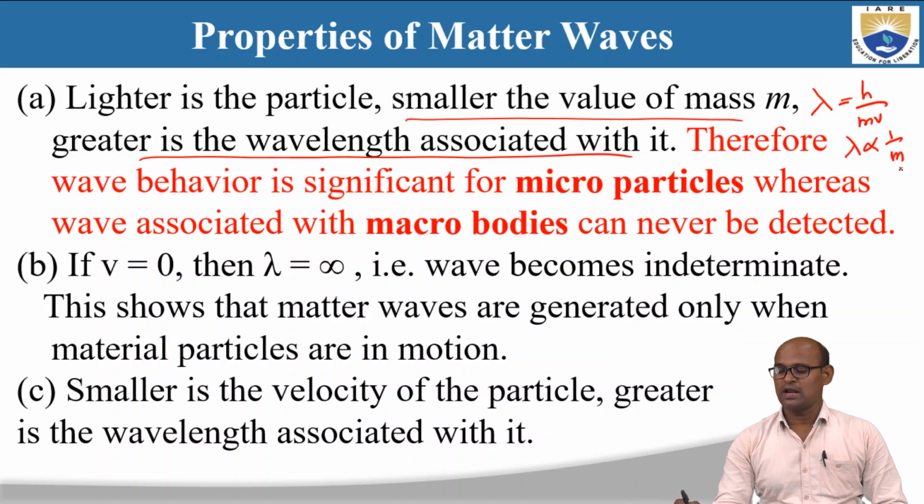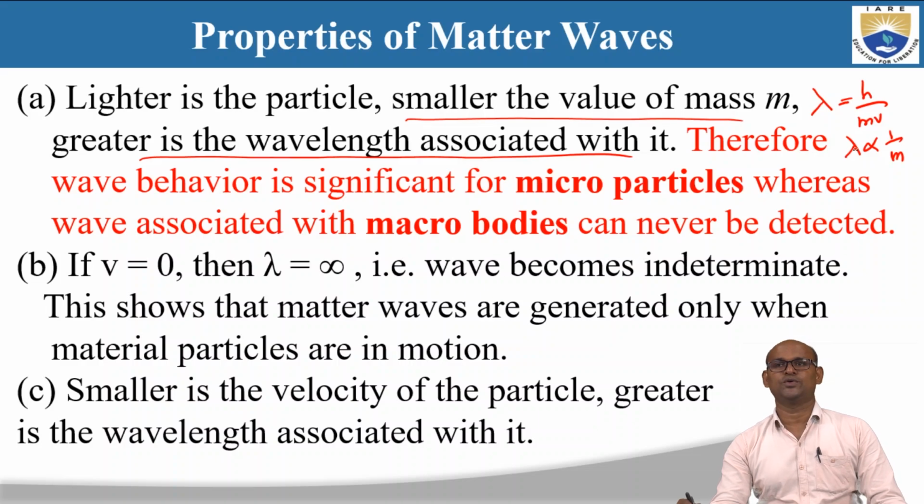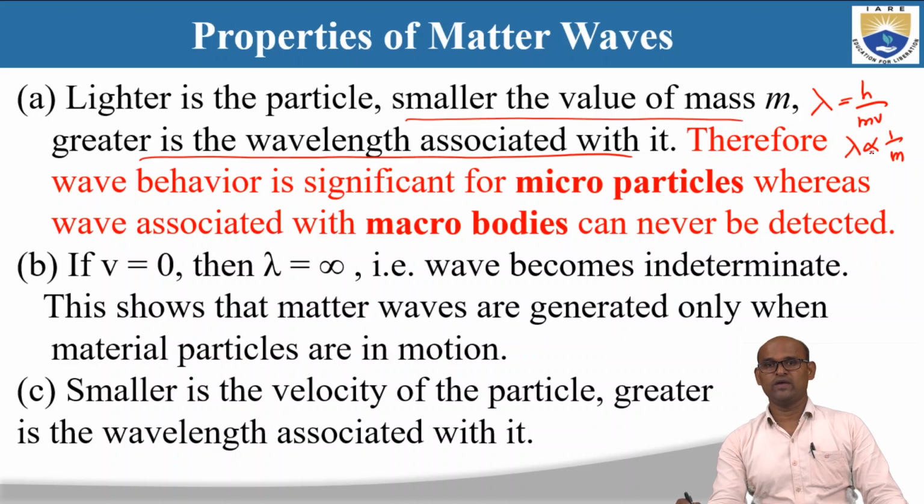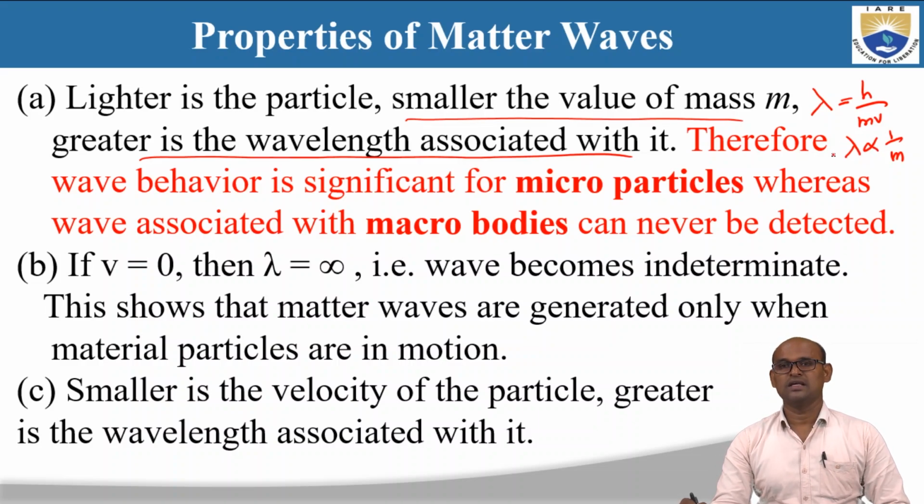For larger, heavier objects, m is more, so 1 by m is small and lambda is very small; you cannot detect such a wavelength. That means heavier objects do not have matter waves associated with them.